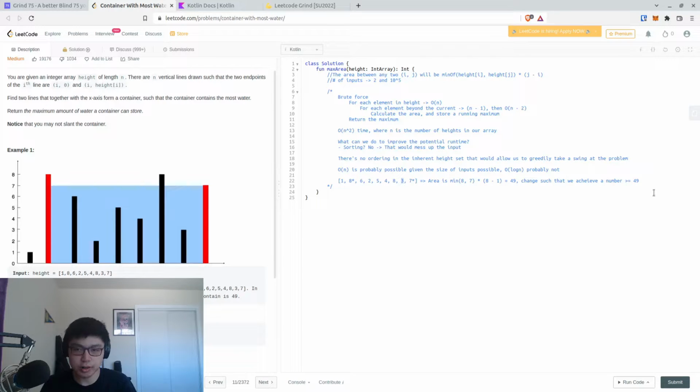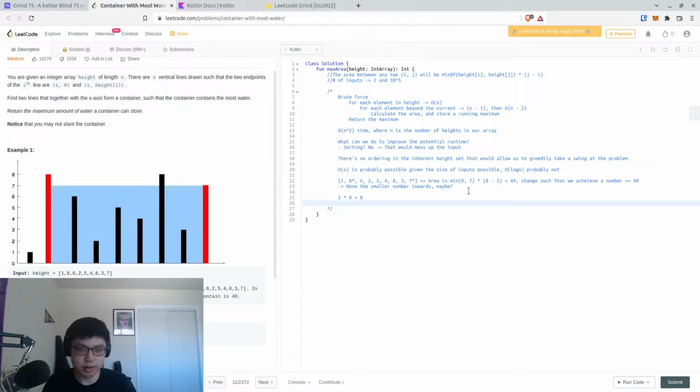So we should move the smaller number inwards, maybe? So if we did that, we had 1 and 7. It would start with 1 times 8, which is equal to 8.